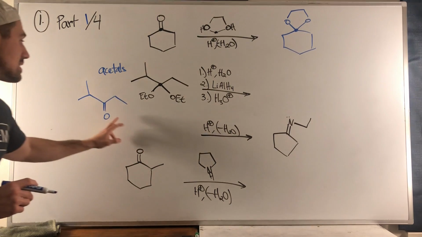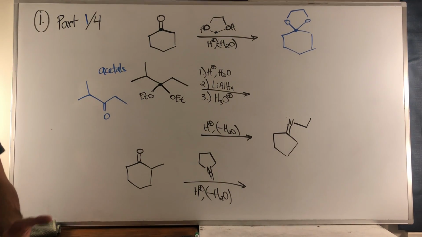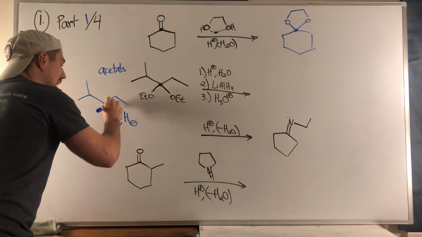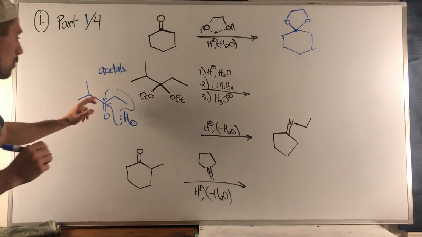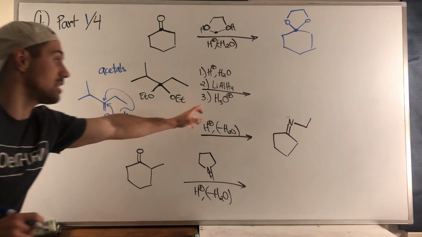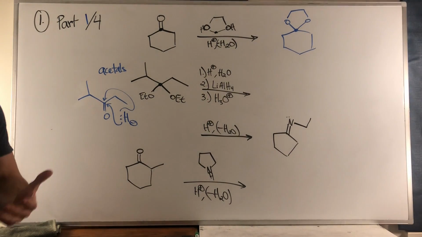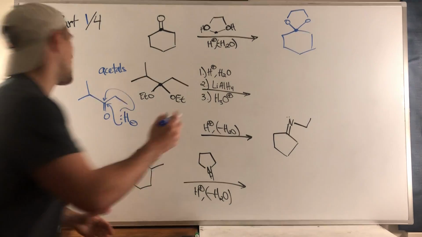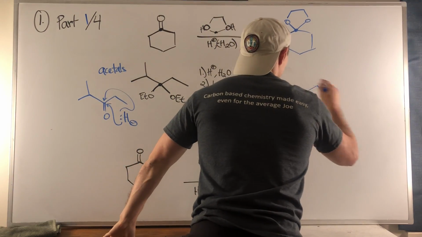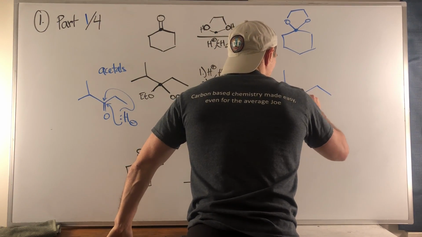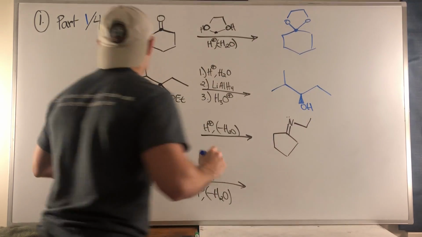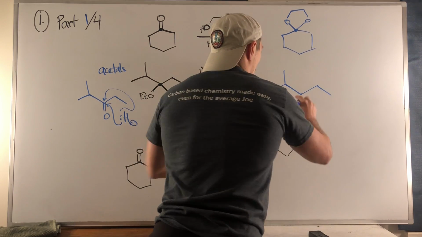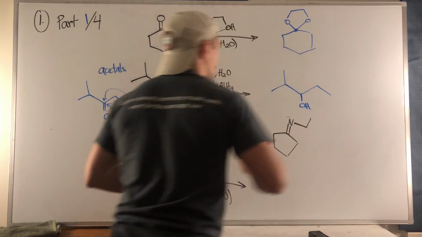Now, what you're seeing in steps 2 and 3 is just a reduction of a carbonyl. That is H- coming in and attacking. However, when we attack that carbonyl and then protonate it to form an alcohol, we are going to form a stereocenter. So don't forget your organic principles and everything you've learned along the way. If you think about it, I recover my carbonyl and reduce it to an alcohol.